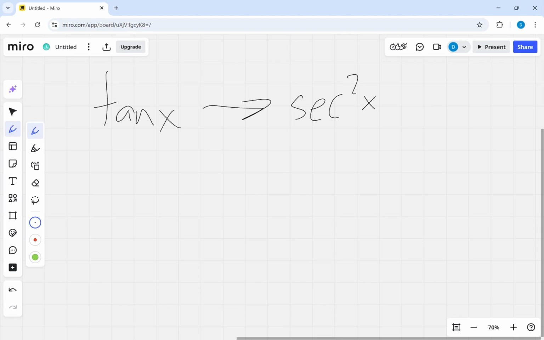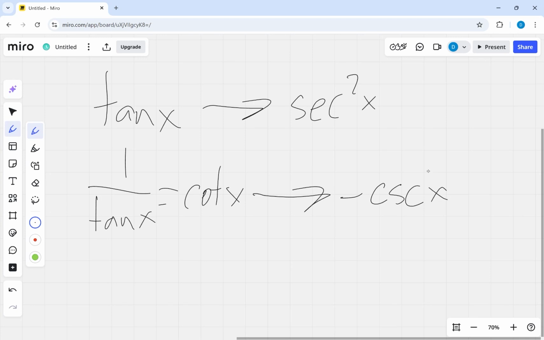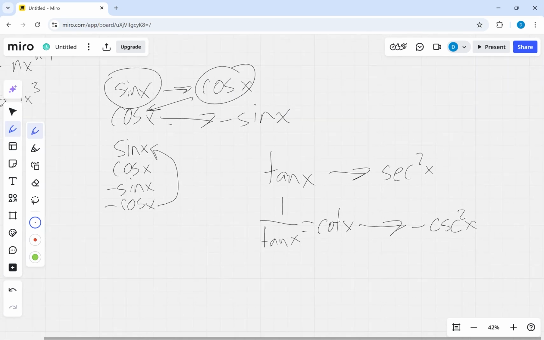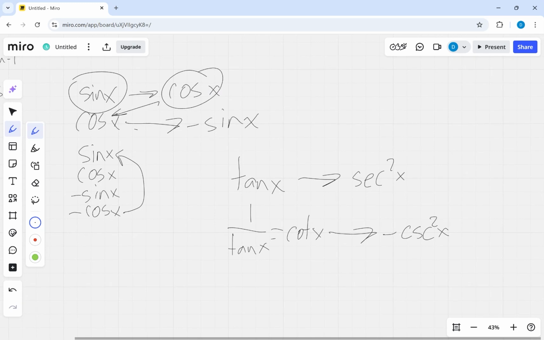And the inverse of tangent, or cotangent, becomes negative cosecant squared x, right? And we can see that this is similar to these two.